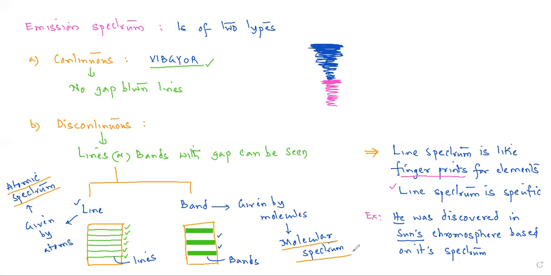Now, let us go for absorption spectrum. Anyway, we are done with emission spectrum. Come on. What is absorption spectrum? Yes. Now you have to be a little more careful.